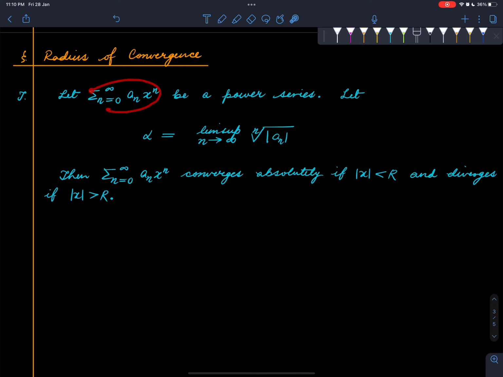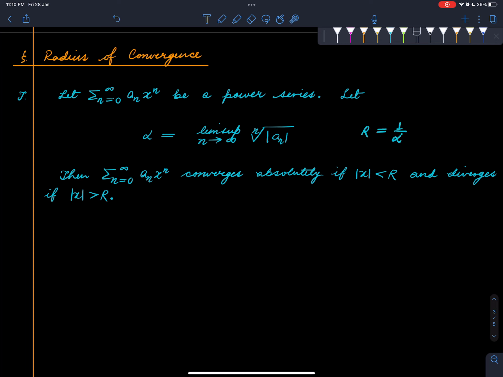You fix a power series and then write alpha as this, again, that funny looking thing that you see in the root test. Then this power series converges absolutely for each real number x satisfying this inequality, where r is 1 upon alpha.